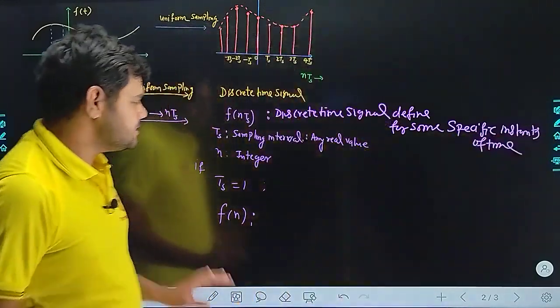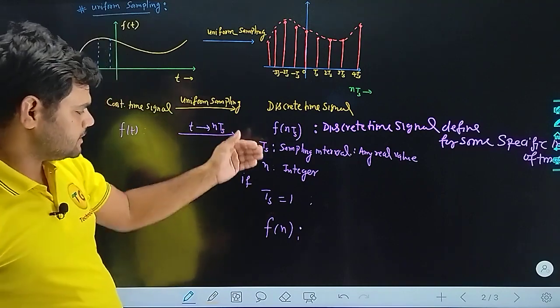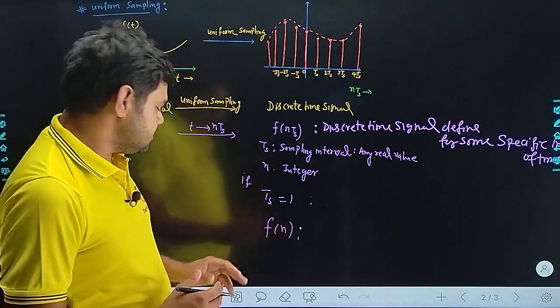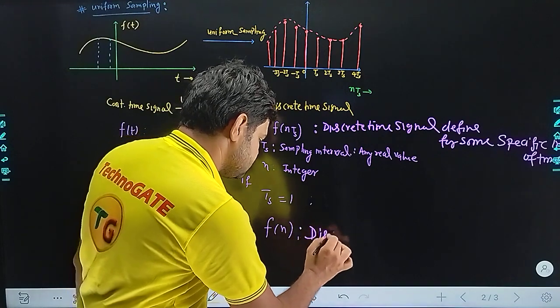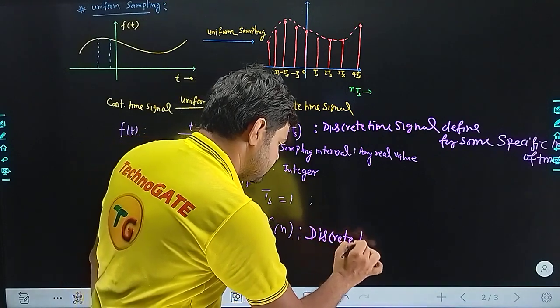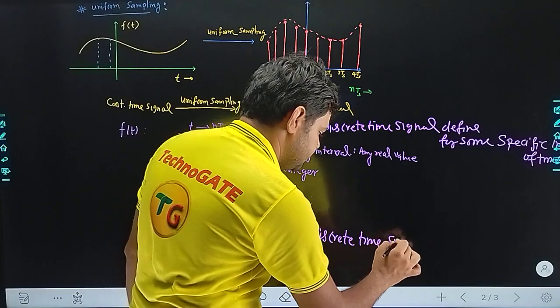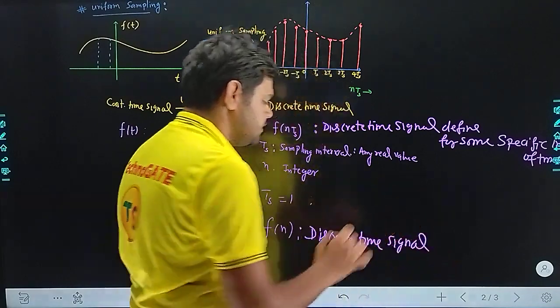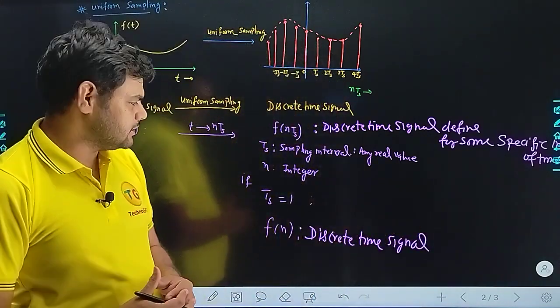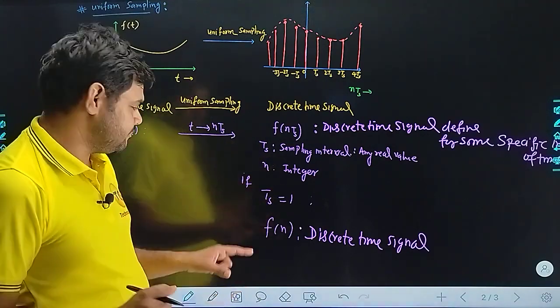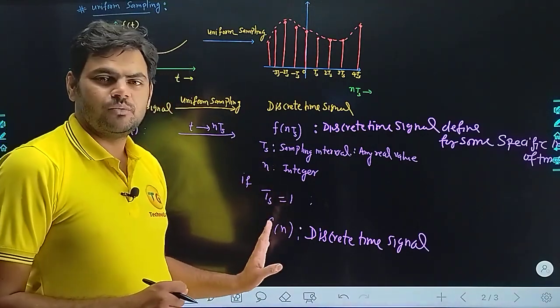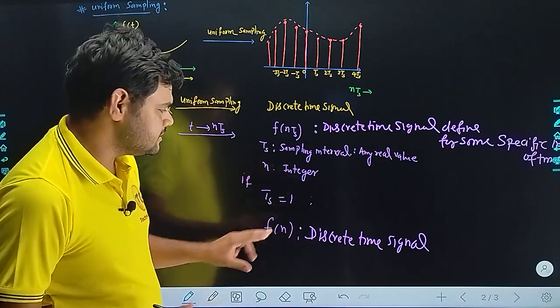Understood? And guys, if we talk about this signal f of n, this is of course a discrete time signal. But you can realize one very interesting thing about it, because here I have taken ts equal to 1. Now listen very carefully. Here I have taken ts equal to 1, n is an integer.